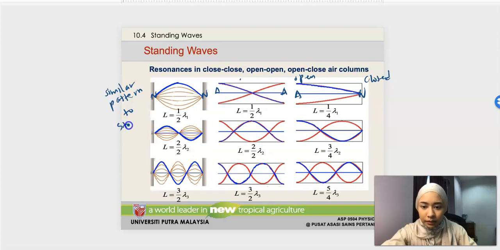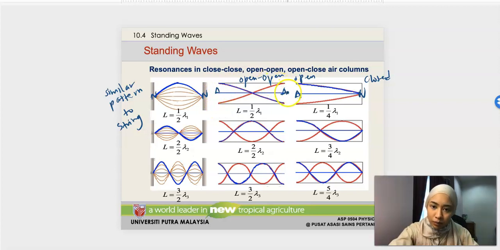But this is an air column that is fixed at both ends. This one is open, and as I mentioned before, you start with A, you end with A. And for an open closed air column, you start with A and with N at the fixed point. So here we can summarize the general equation for these situations.